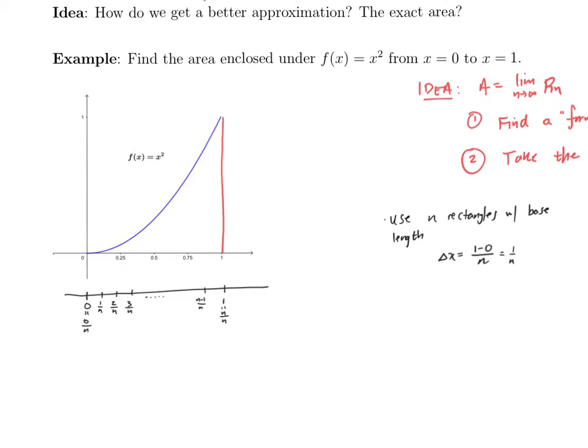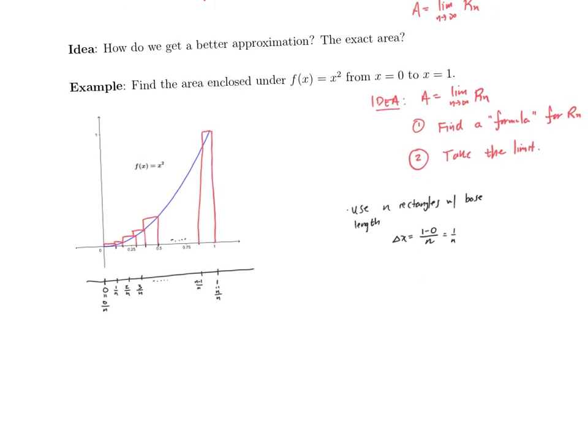On each of these little subintervals, we need to draw an associated rectangle, and we're going to use the right-hand endpoint to determine the height. Despite what my picture might look like, pretend each of these has exactly the same base length. This leaves us with n rectangles whose areas we need to add up.